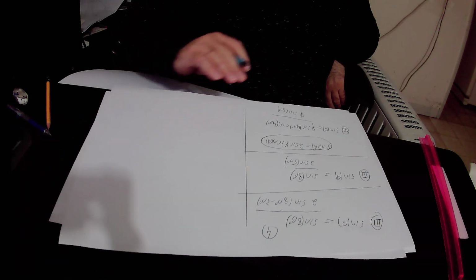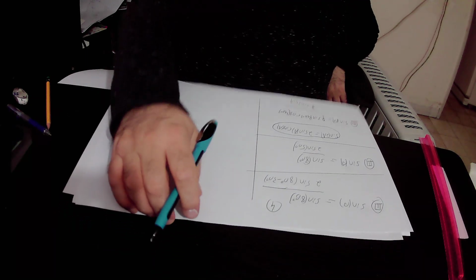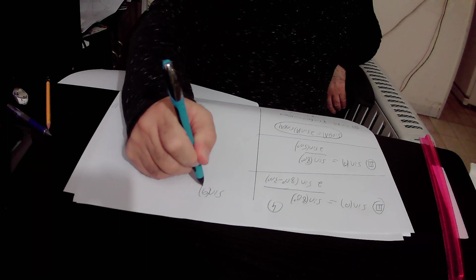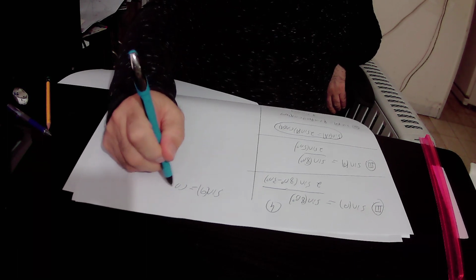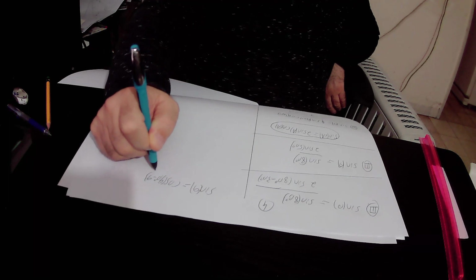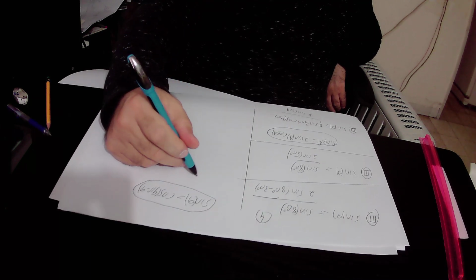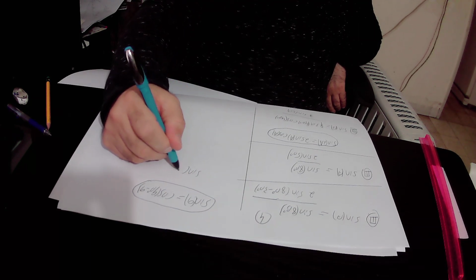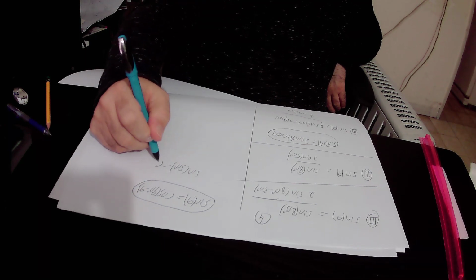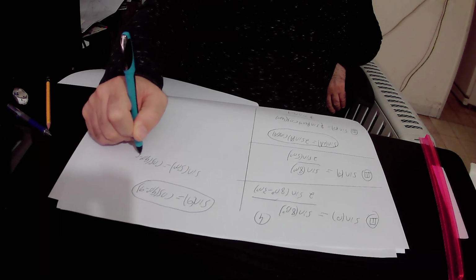And according to the trigonometric identity that states that sine alpha equals cosine 90 degrees minus alpha, the value of sine 50 degrees will be equal to cosine 90 degrees minus alpha, that is 50 degrees.